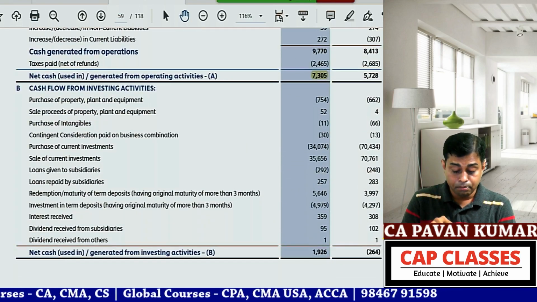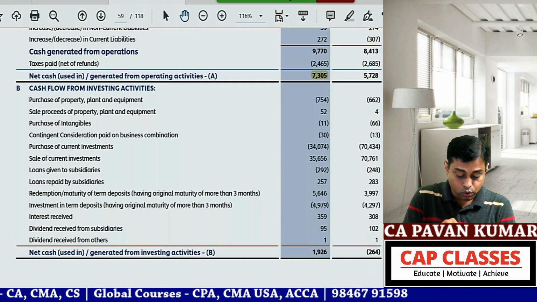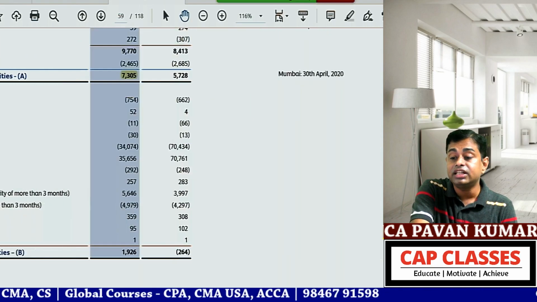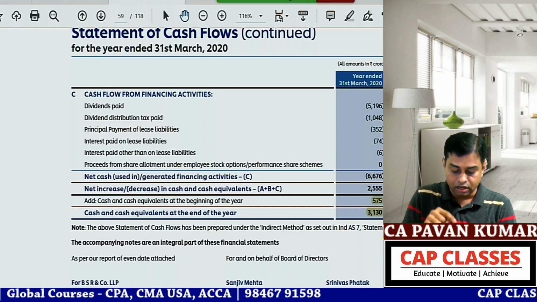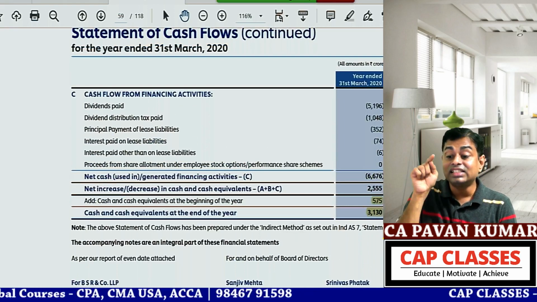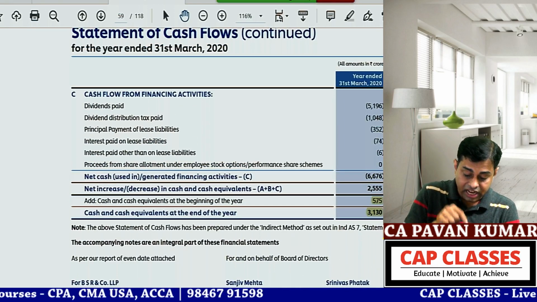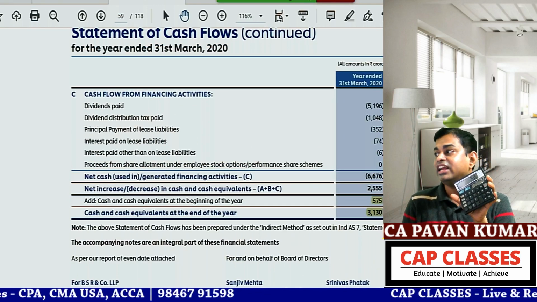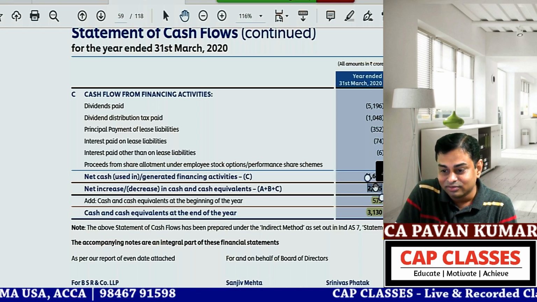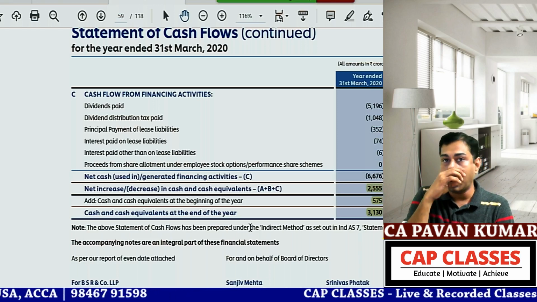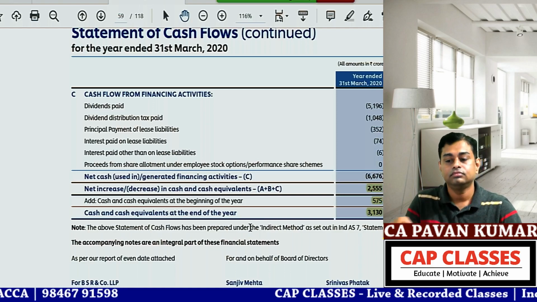And plus 1926 cash flow from investing activity. That comes to 9231, minus 6676 cash flow from financing activity. Oh my god, sir, 2555 came. This is that only, no? Congratulations to you.